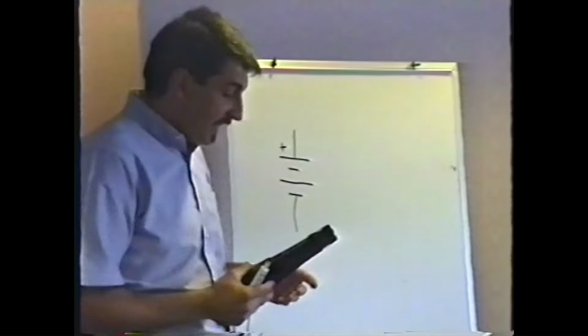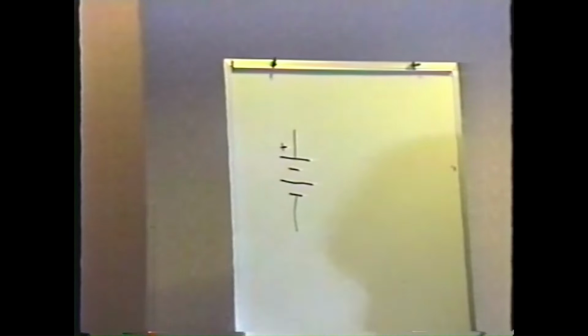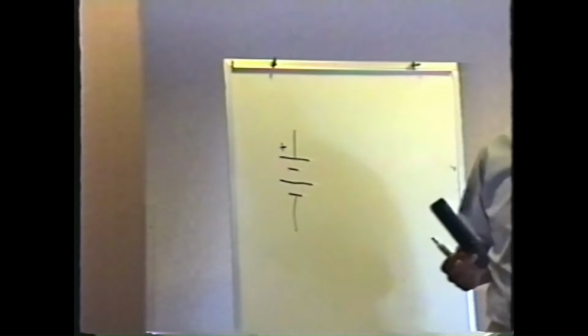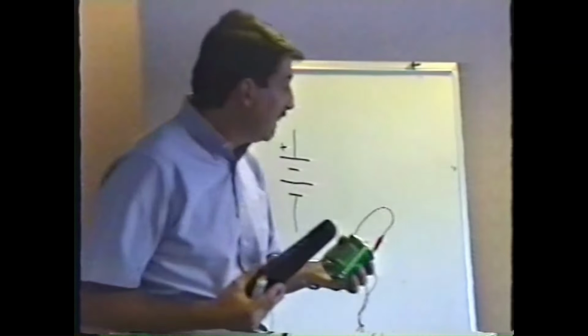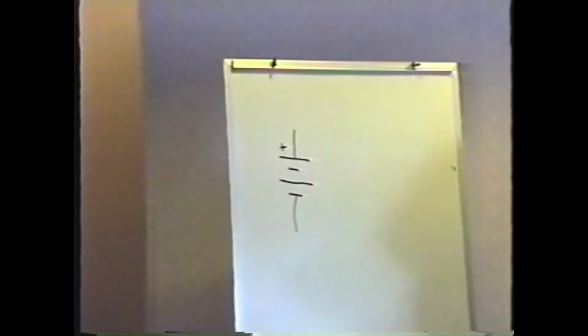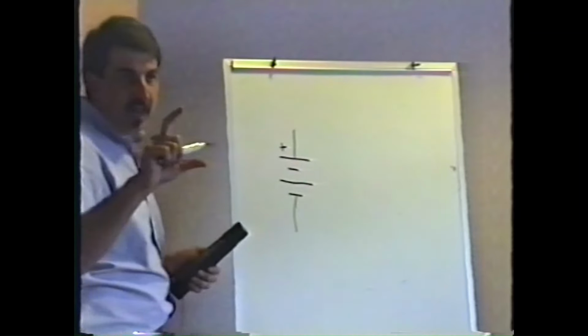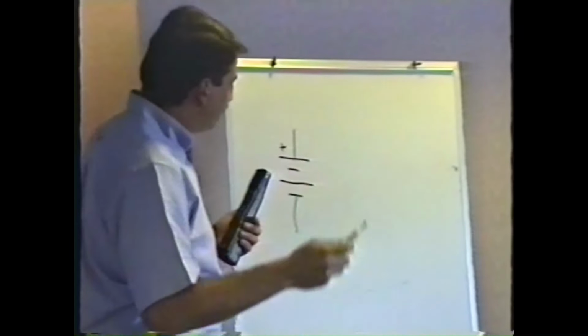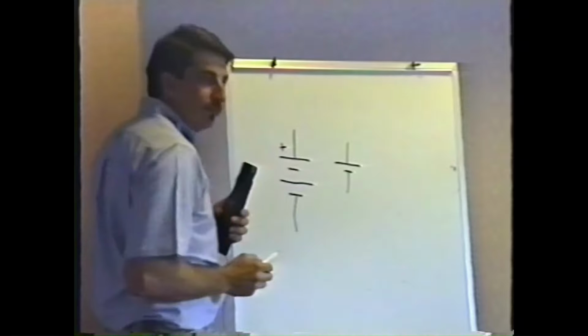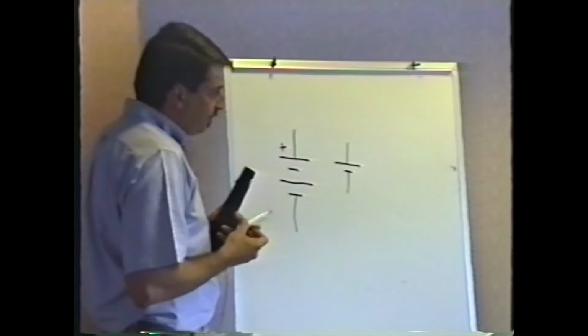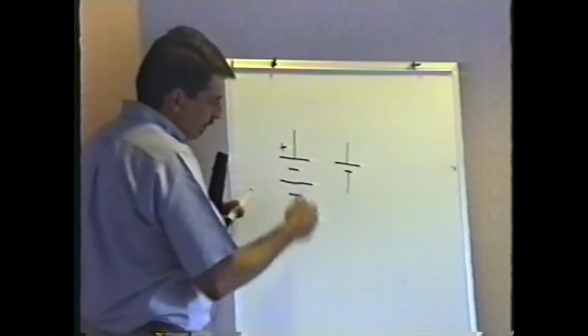In this case, this 6-volt battery, there's actually 4 individual cells inside this battery. If I were to draw the schematic symbol for a single cell, like a D cell in a flashlight, it would just look like this. But any battery that's more than 1.5 volts will be shown like this.